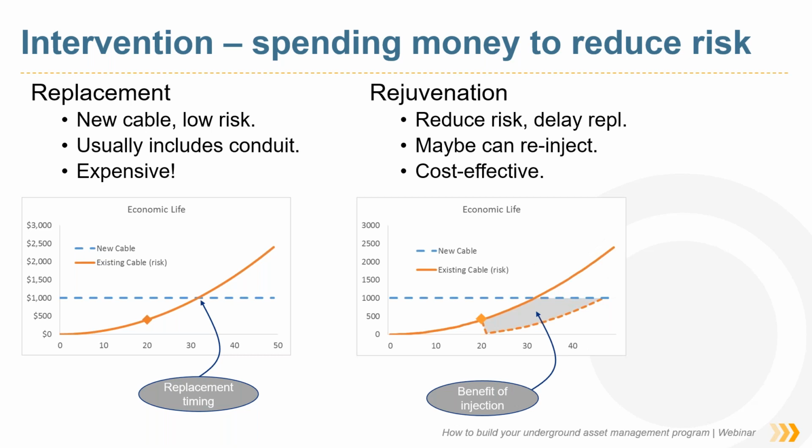Of course, the problem with replacement is that it's really expensive. And so you can't really mitigate very much risk per dollar if your only option is to go around replacing cables. So you also want to consider cable rejuvenation. When you rejuvenate a cable, you can see in the graph that we've added this dotted risk curve. So we come along until age 20, and then we inject the cable, and we create a little notch in the risk curve. We lower the risk for a number of years, 40 years maybe, until we have to come back and replace the cable or intervene again.